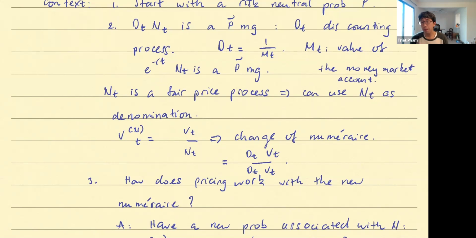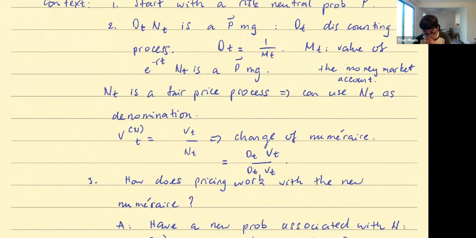M tracks the value of $1 starting at time 0 and growing to time t. So usually M_t would be just e^(rt) if our interest rate is a constant. But in general, a savings account can have a floating rate, so it will change from day to day. So in general, this is a stochastic process, if we want to capture the most general setup.